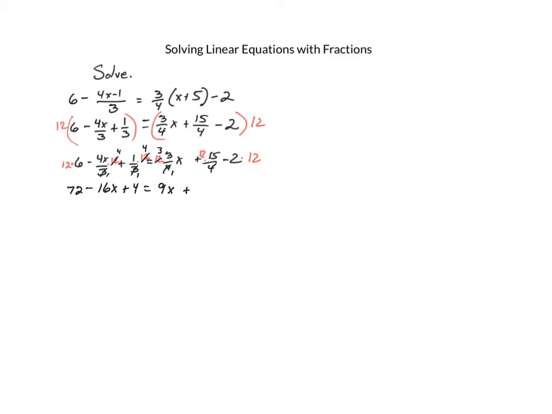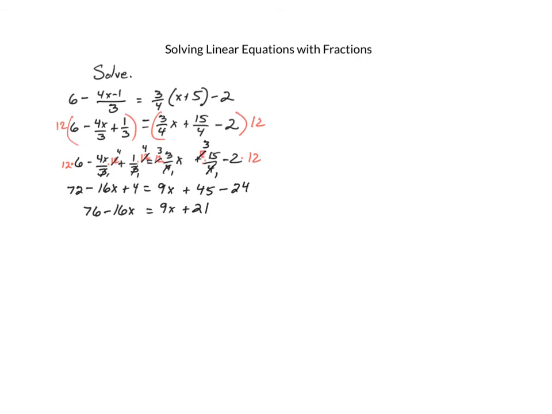And then we have a 4 and a 12 that are going to cancel. So we have 45. And then the last term we have a 24. So when we combine like terms, we have 76 minus 16x on the left, and we have 9x plus 21 on the right.